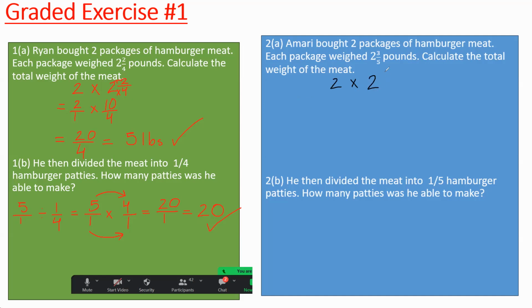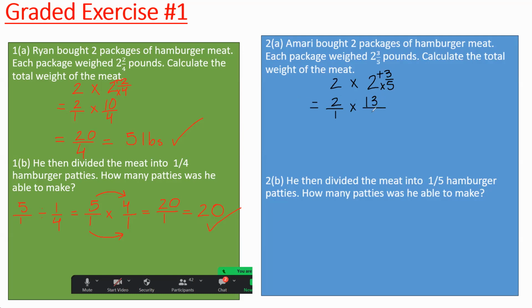Then I make the whole number 2 into a fraction, which can be 2/1. And then I multiply. Then I make the mixed number into an improper fraction by multiplying 2 times 5, which is 10, plus 3, which equals 13. So it can be 13/5.